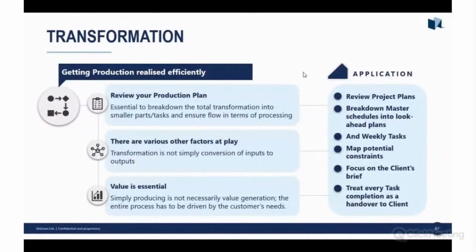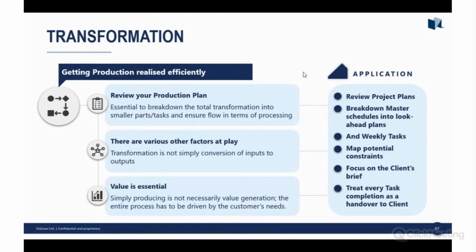Starting with transformation. Firstly, you need to review your production plan. You've got inputs and outputs, but you need to break those down into smaller, more measurable tasks that make up the whole process. It's not just inputs and outputs; there are loads of different aspects you need to consider. In construction, you're not just building a product, you need to take into account weather, supply chain, time of the year, employees, labor.